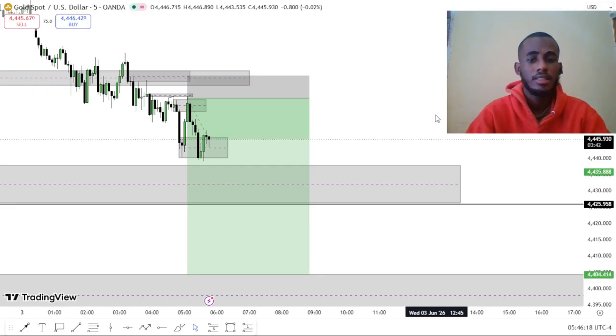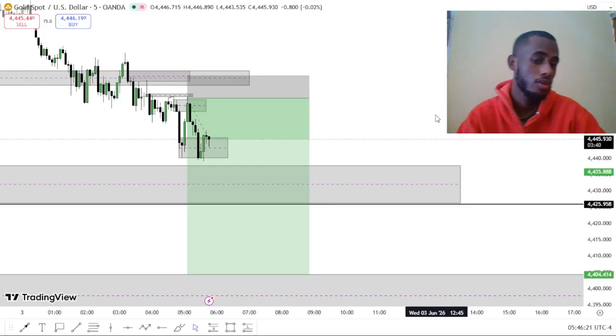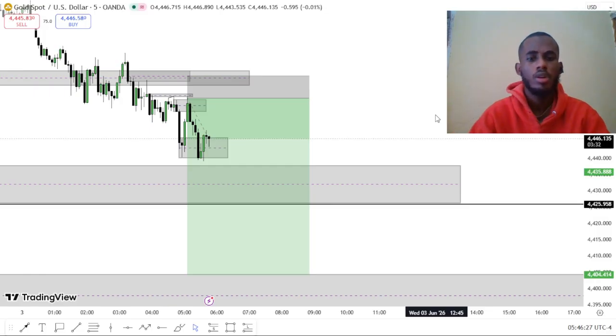The second biggest mistake gold traders make is entering after a move has already happened, and that is the wrong move. They see a candle moving aggressively, either down or upward. They panic, then they enter, and what happens next?